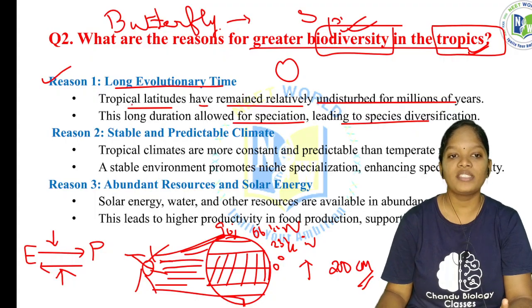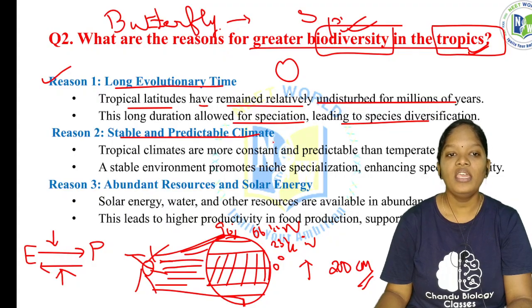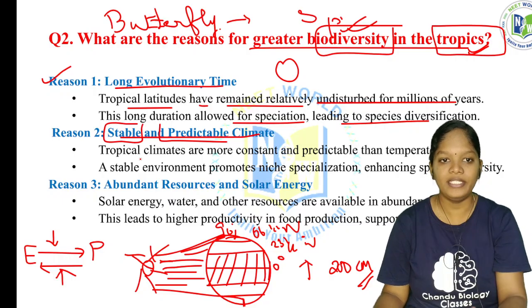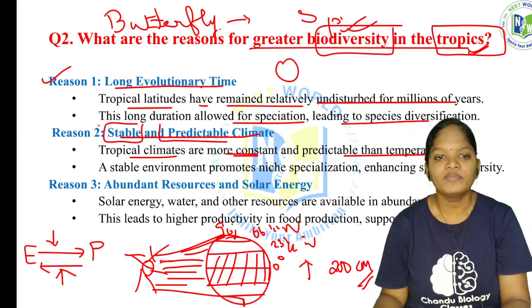The second thing is the stable and predictable climate. Here in the tropical region the climate is stable and we can predict it easily. The tropical climates are more constant and predictable than the temperate region.